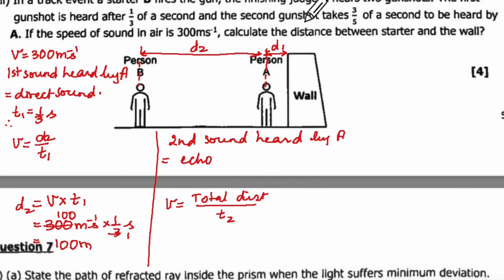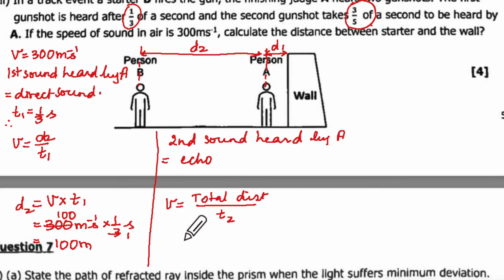What do they say? Second shot takes 3/5 of a second to be heard by A. Sometimes they will say 3/5 second after the first sound was heard. Did you understand? Yes. If they say after the first sound, then T2 will be this plus this. But they are telling you that the second gunshot was heard 3/5 of a second, which means T2 is 3/5.